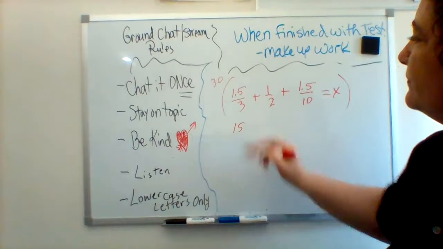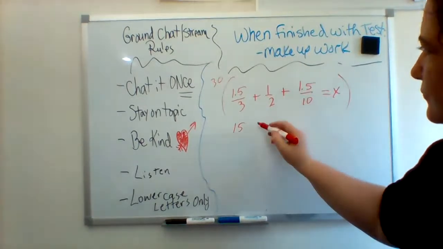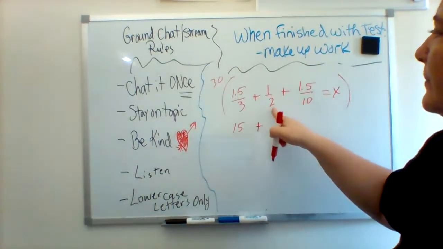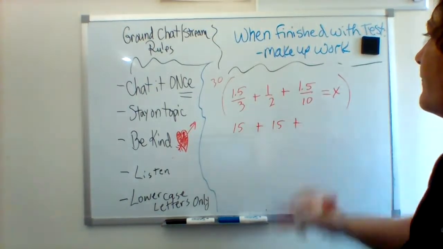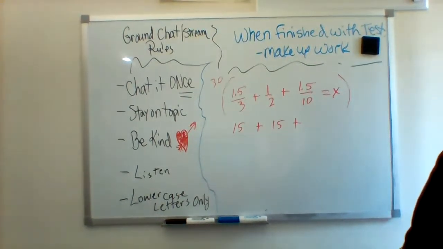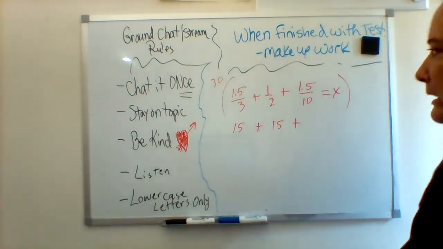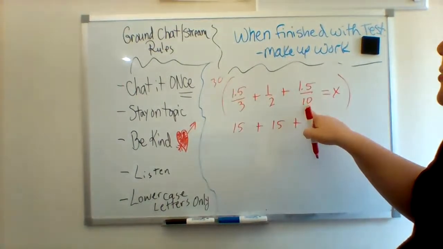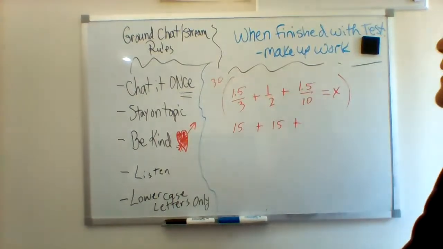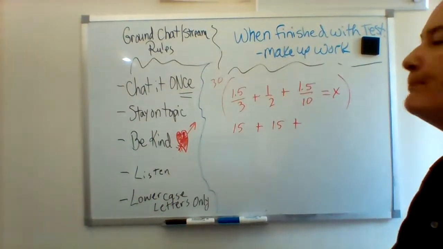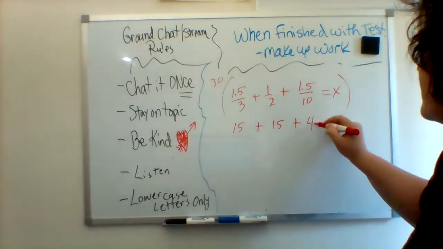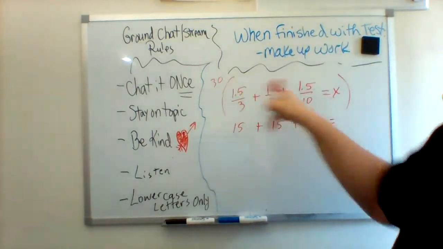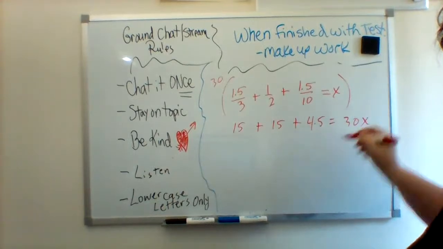Check the math. 30 divided by 2 is 15. 15 times 1 is just 15. 30 divided by 10 is 3, and then 3 times 1.5. Well, if I have 2 of them, it's 3. If I have a third one, it's 4.50.